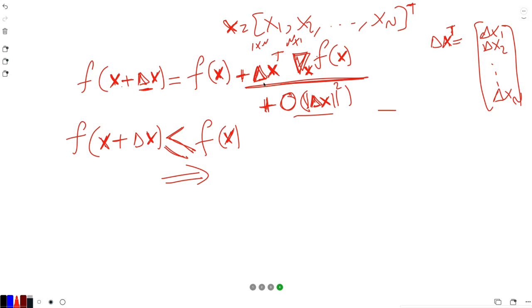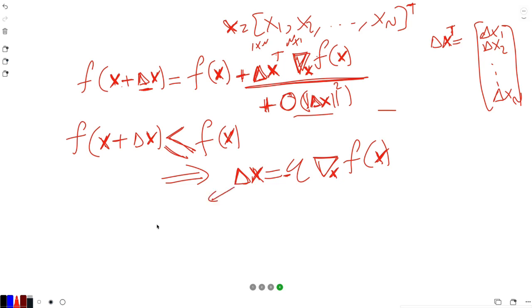This means that delta x equals the adaptation rate, or the learning rate eta, times minus the gradient of f of x. So this is called the steepest descent algorithm in the multidimensional case.